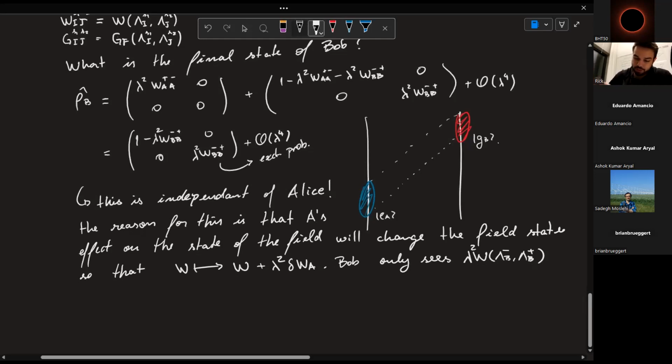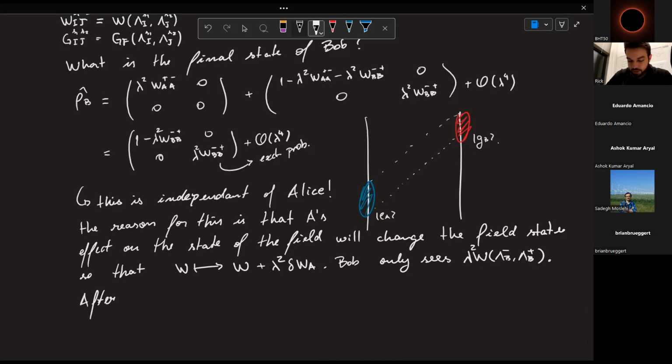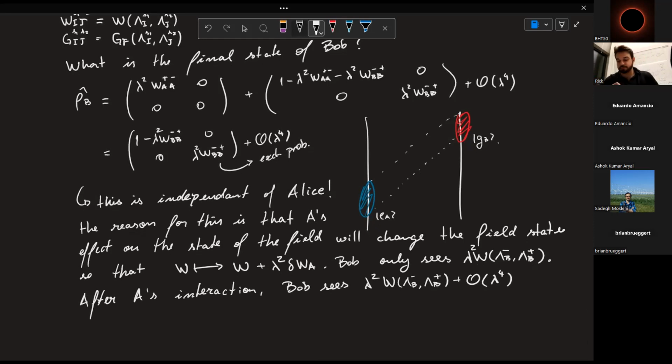So now, after Alice's interaction, Bob sees lambda squared W of lambda B minus lambda B plus an effect which is fourth order in the coupling constant.